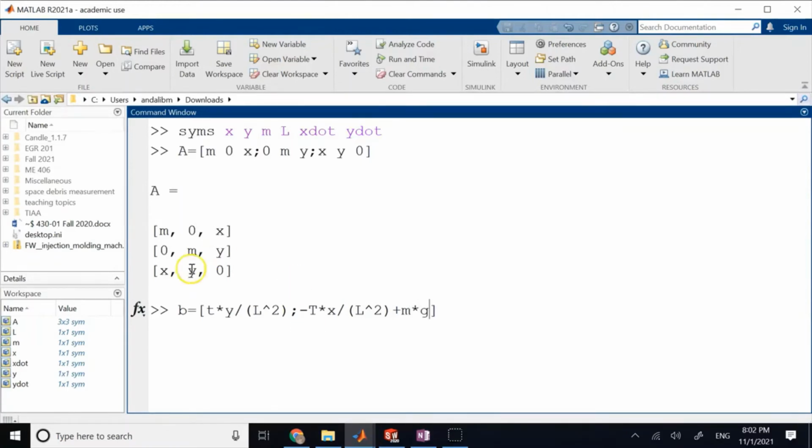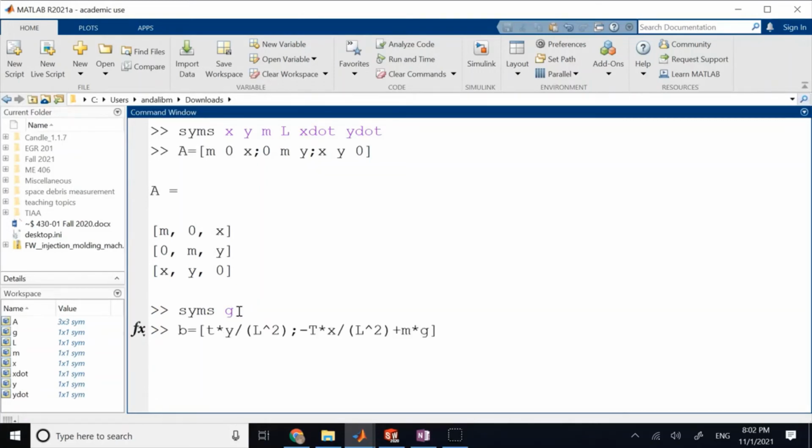Now I have to also define g as a symbolic variable, right? Because I have not defined it yet. So I define it, and then the last component is negative x dot squared, negative y dot squared, right?